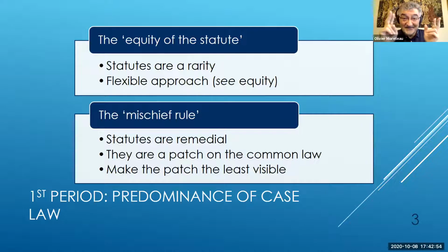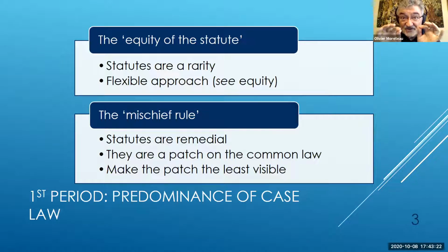And remarkably, English courts at the time looked at these statutes as a way of bringing help, to move the system forward. They looked at it with a rather flexible eye, and the courts were willing to look for the equity of the statute, which means: what is it that the statute aims at remedying?